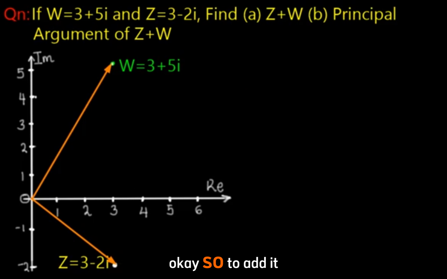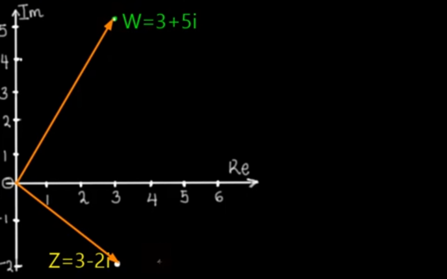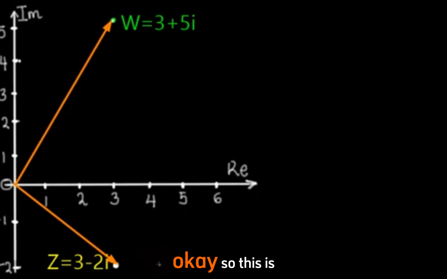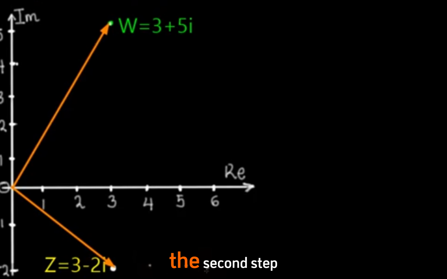Okay, so to add it, we are going to move. Remember that our W is given by 3 plus 5i, meaning that we are going to move 3 steps along the positive real axis and then 5 steps upwards. Okay, so this is 1 step, the 2nd step, and the 3rd.